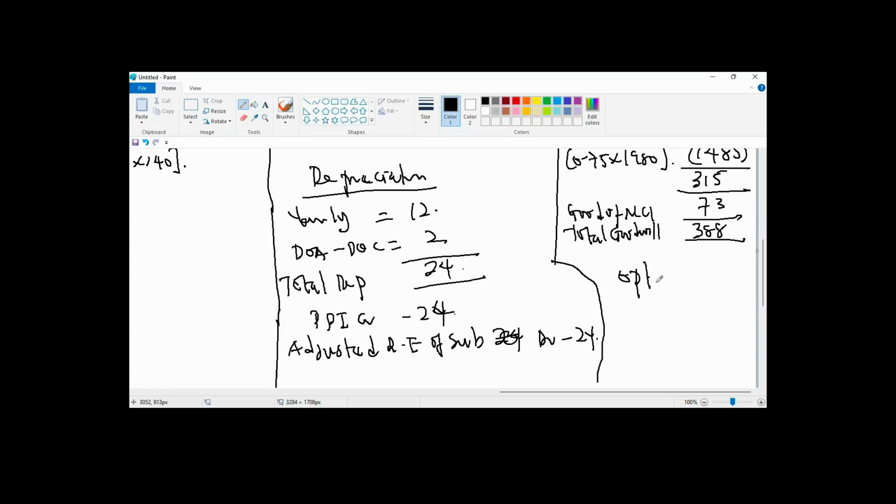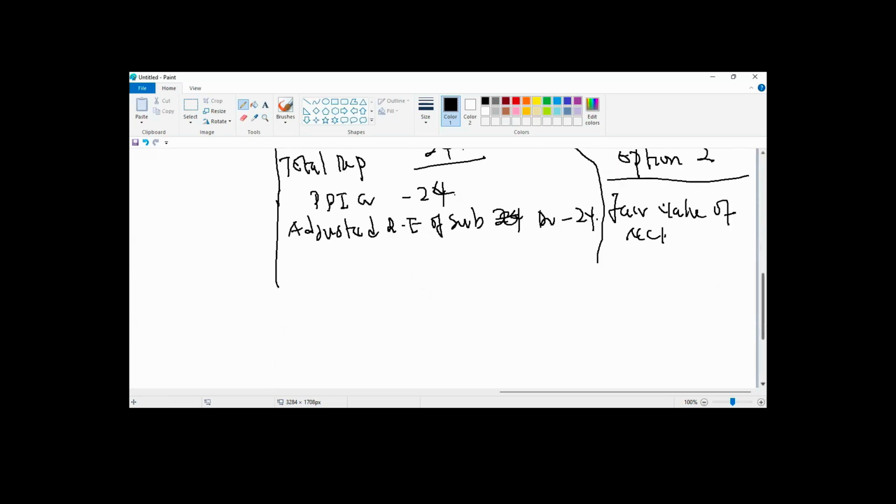Option 2. I'll get the fair value of NCI, which is goodwill attributed to NCI plus NCI percentage on net assets at the date of acquisition.